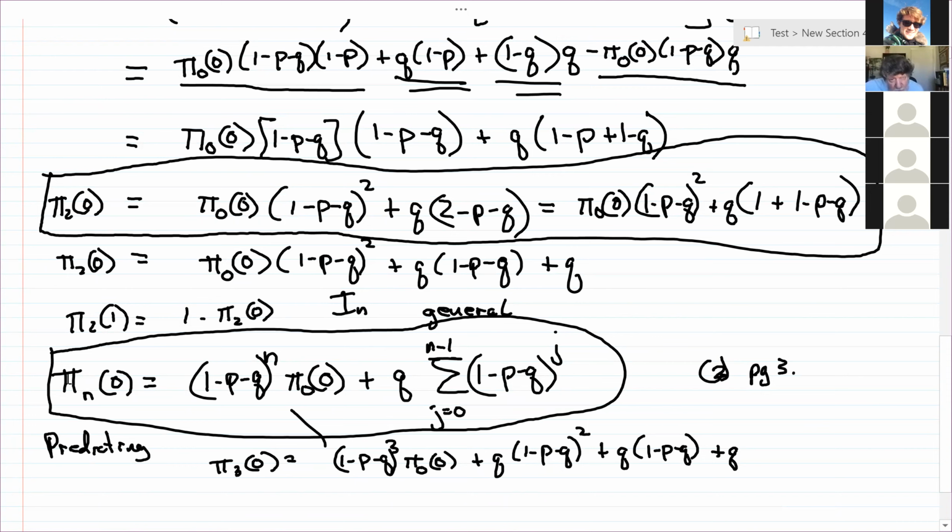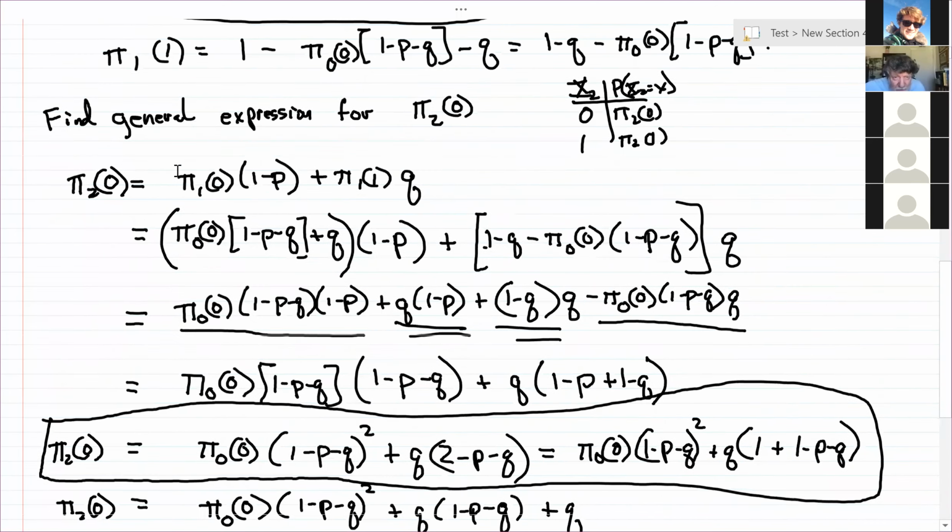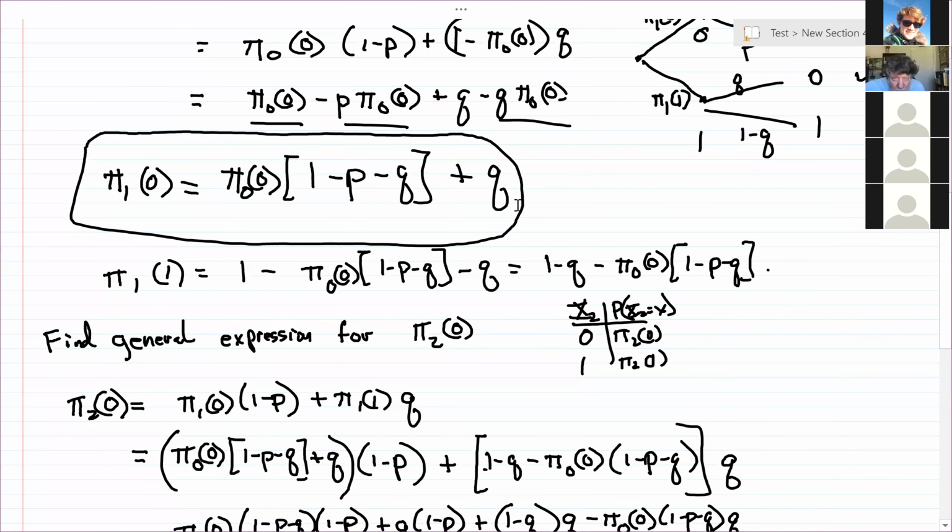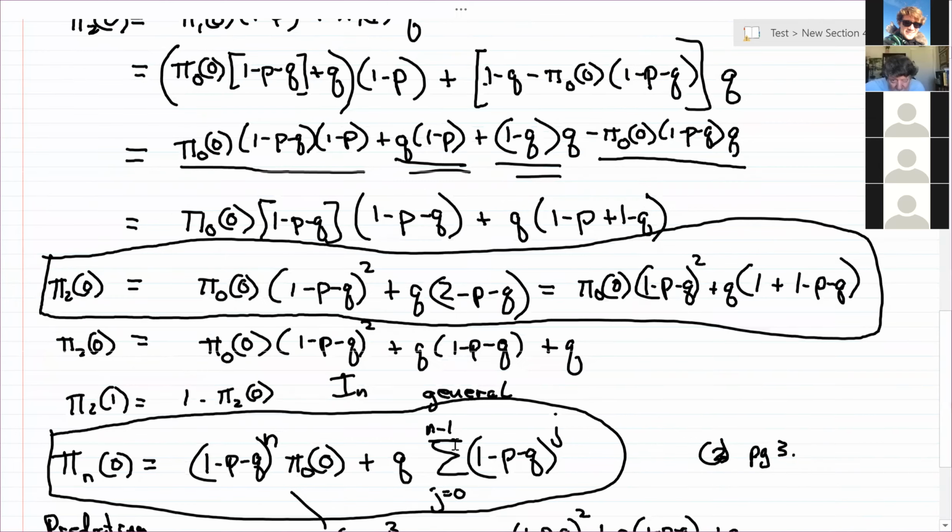I'm going to show that if this is true for n, then it's also true for n plus 1. In a proof by induction, you start off by showing that it's true when n is 1, and we've done that.